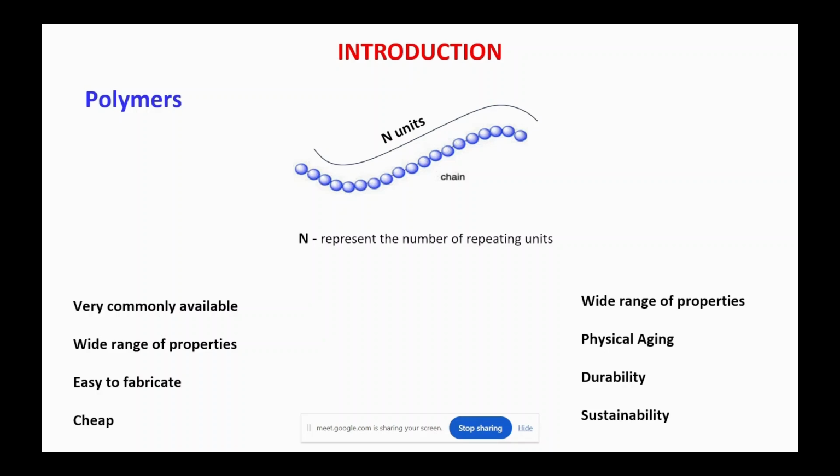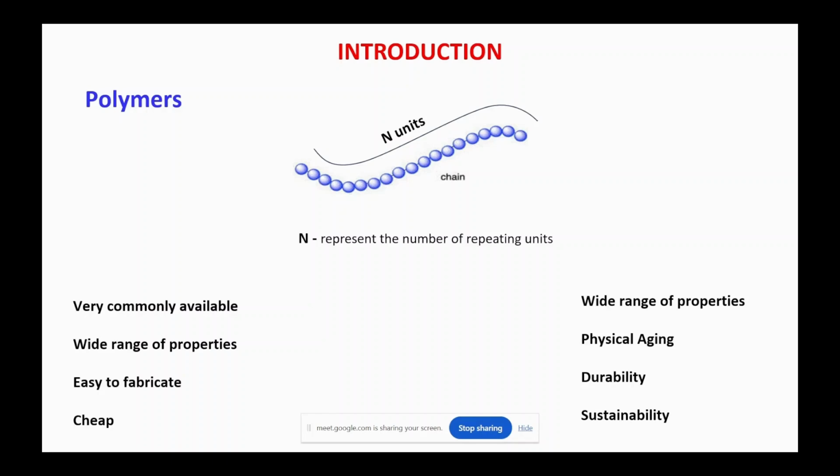That gives an idea about how long or short the chains are in a bulk sample. That governs these properties, and that is the reason we have a range of properties. Since there are variable properties, we need to keep all of them in mind while deciding whether a particular polymer can be used for a particular application.